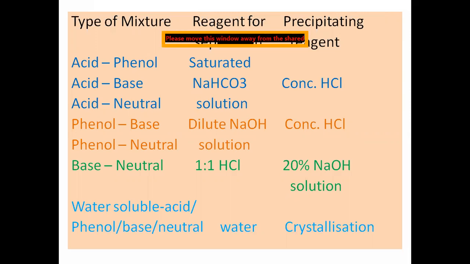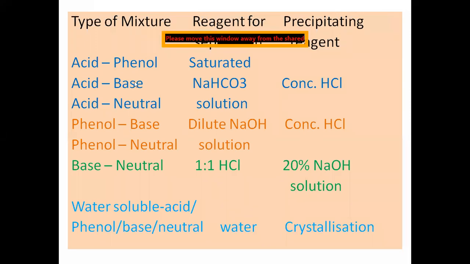These are the combinations. When you have these types of mixtures, acid phenol, acid base, acid neutral, then for separation you take the reagent, which is saturated sodium bicarbonate solution.